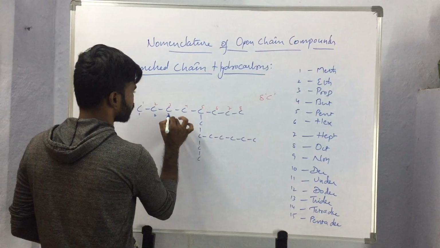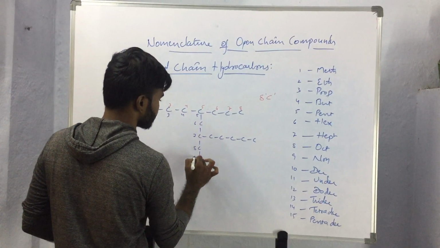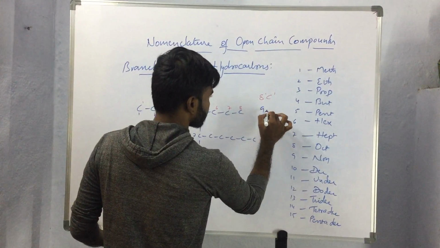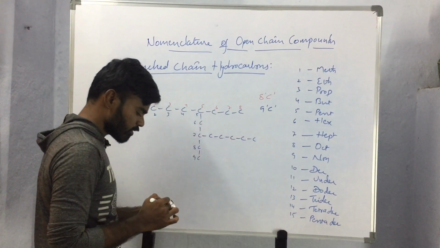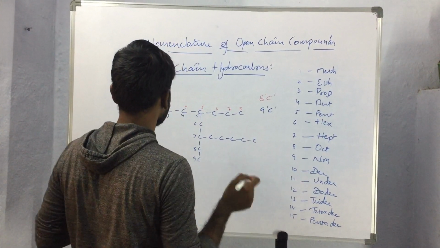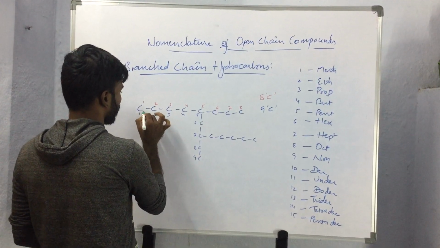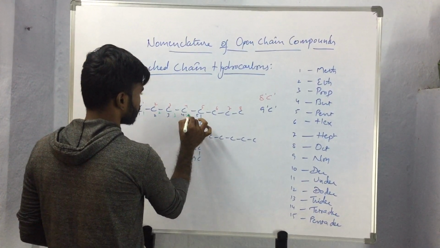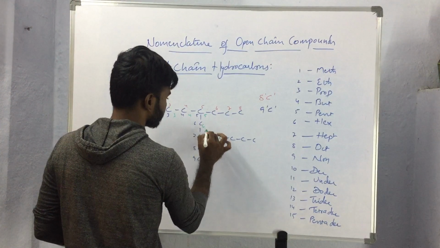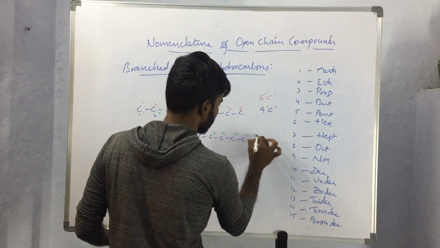1 2 3 4 5 6 7 8 9. Another chain contains 9 carbon atoms. One, two, three, 4 5 6 7 8 9 10 11 12.